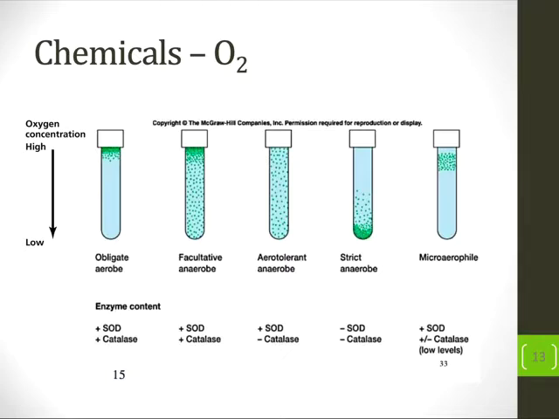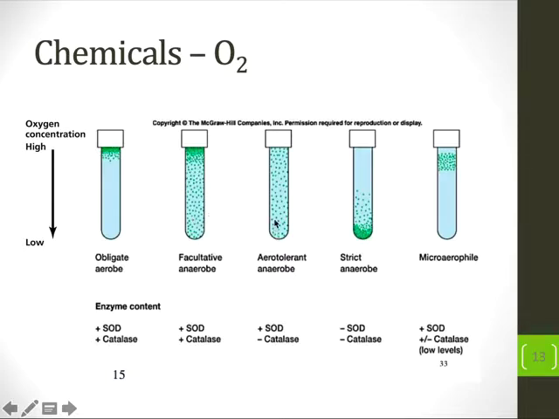So if we look at oxygen concentration, we can tell how these organisms will spread out in a tube. Obligate aerobes would form closer to the cap because that's where the most oxygen is, in the area where there is most oxygen present in the media. Facultative anaerobes would also be highly concentrated where there is most oxygen, but they will be found throughout the media.